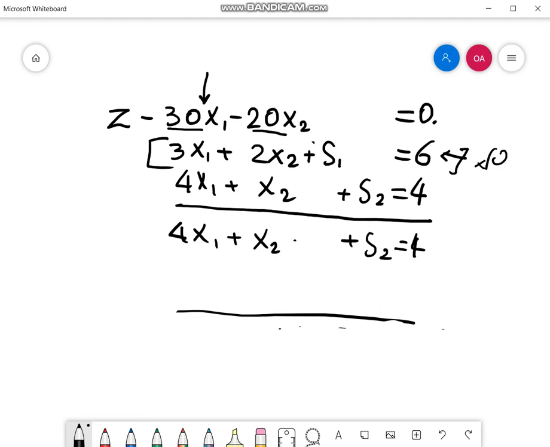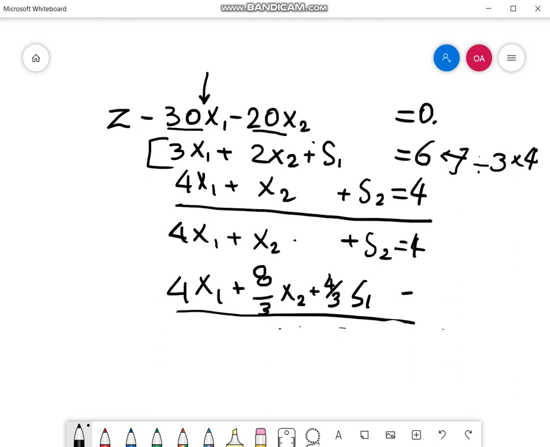Then we make this equation divided by 3, then multiplied by 4. So this is going to be 4x1 plus 8 over 3 x2 plus 4 over 3 s1 equals 8. Subtracting them from each other, the x1 term is going to be 0.